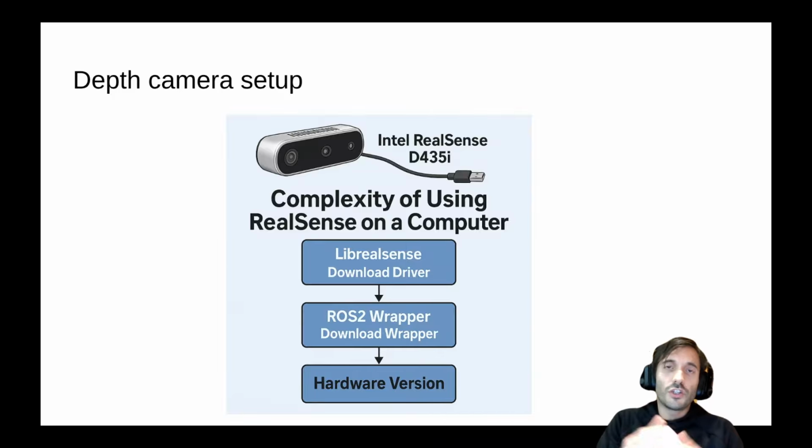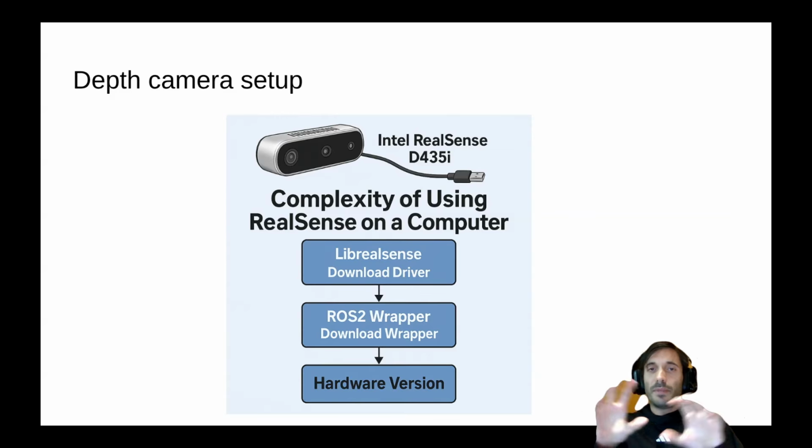The wrapper, in short, is a software that makes the bridge between the driver and the software application layer like ROS2. So it's thanks to the wrapper that we are able to stream an image on a certain kind of topic like camera slash image raw, etc.